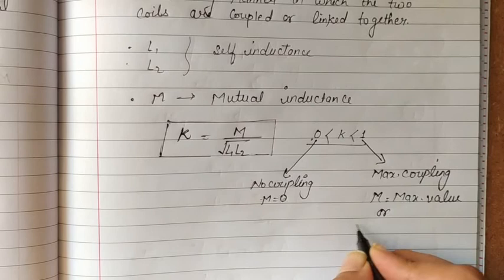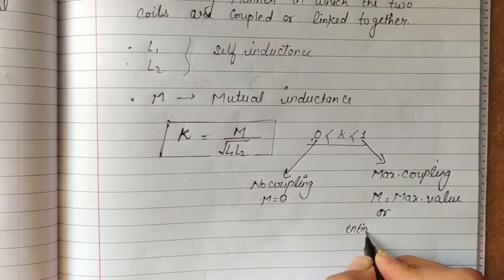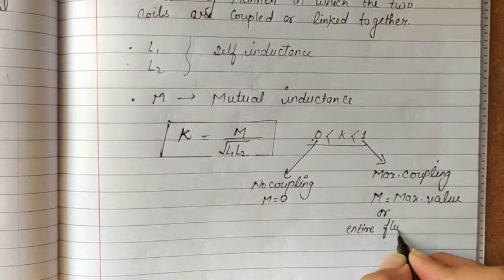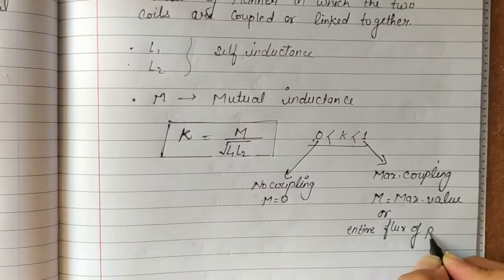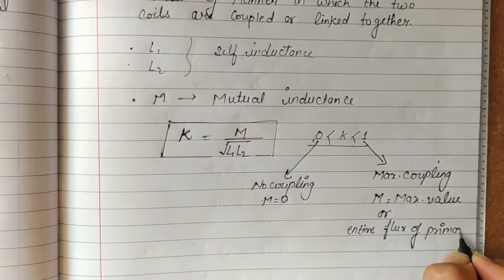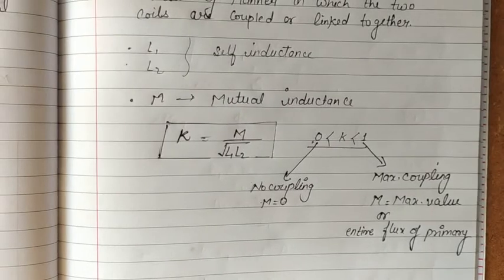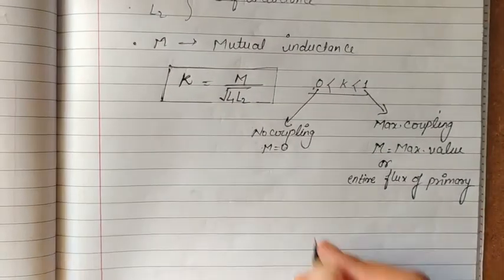or we can say that entire magnetic flux of primary is linked with secondary coil.